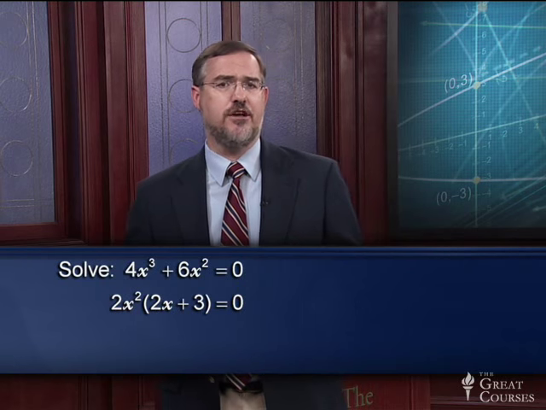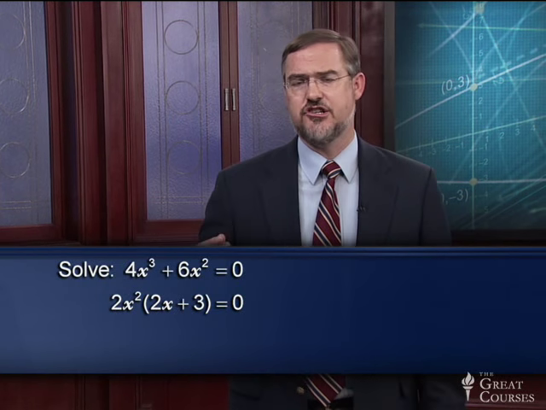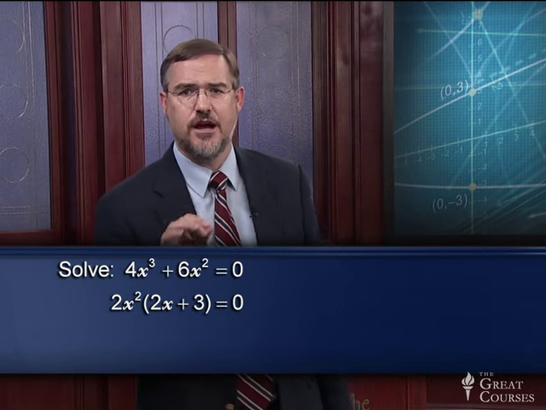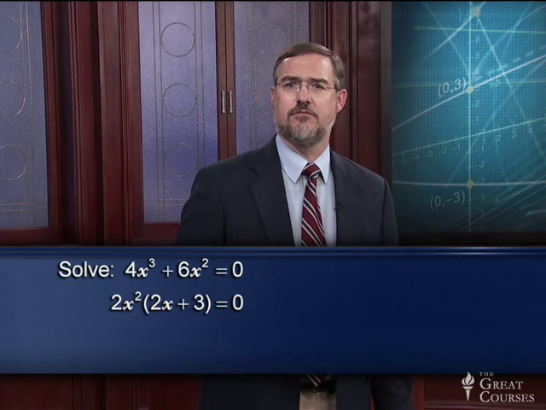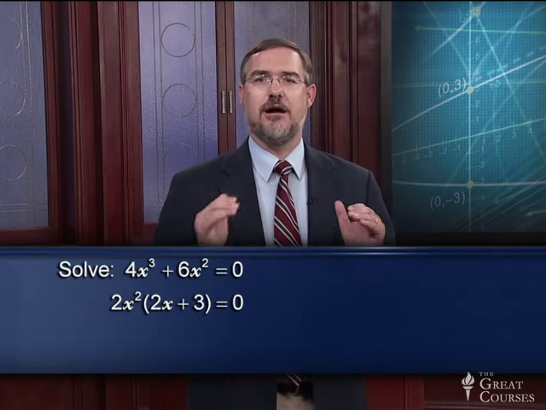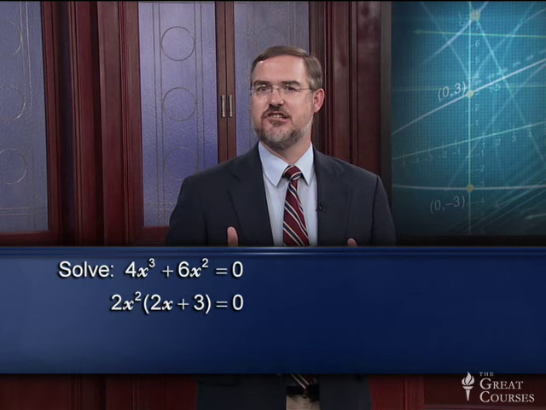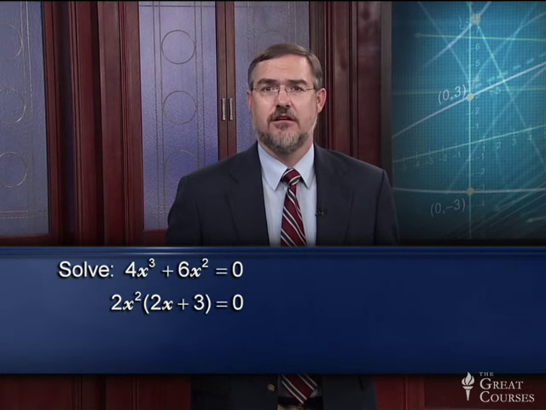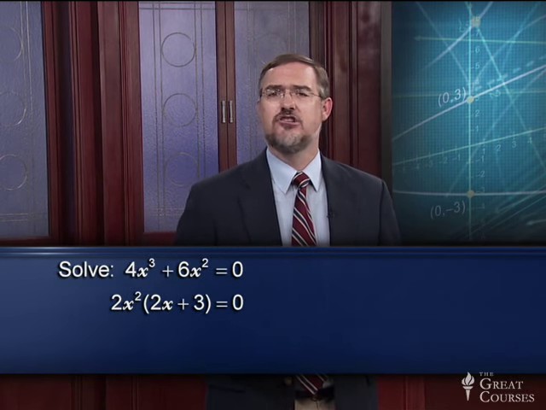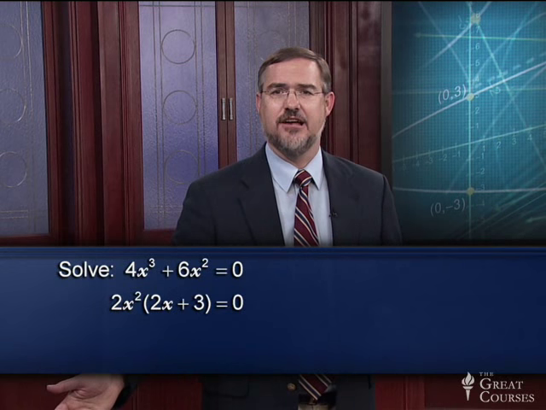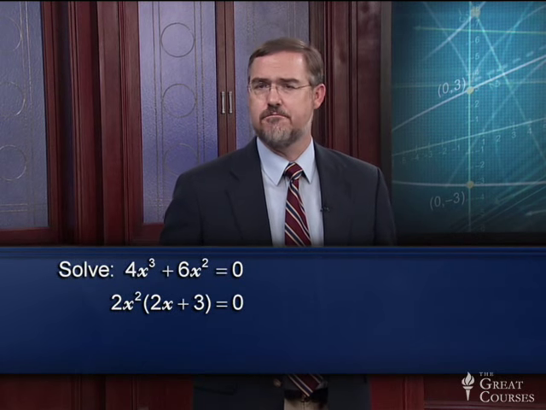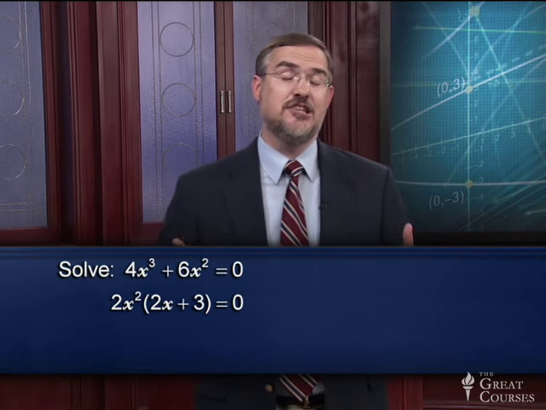So the original equation becomes 2x squared times 2x plus 3 equals 0. And now the polynomial that's left inside the parentheses is not quadratic, it's just linear. It's just raised to the first power. So there's actually no more factoring that has to be done. Your solutions are pretty quick, pretty easy to find.